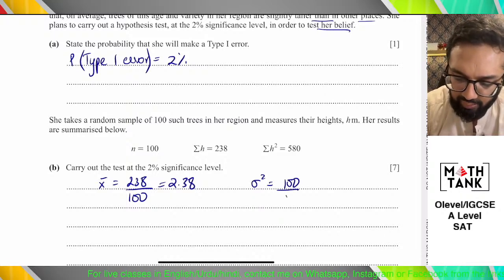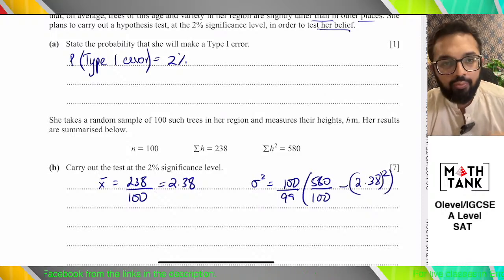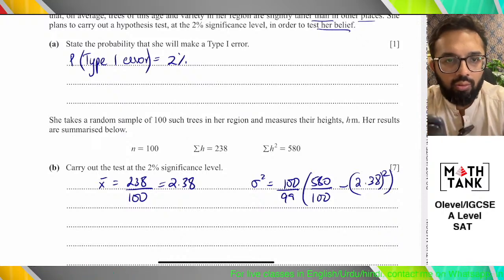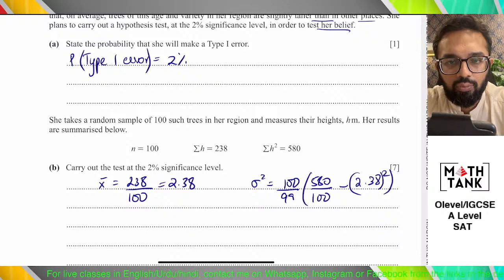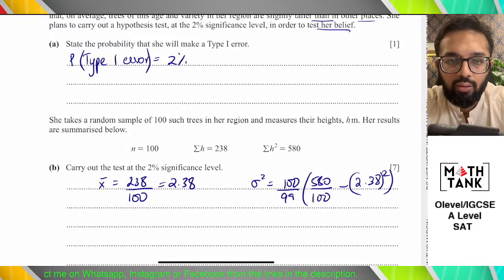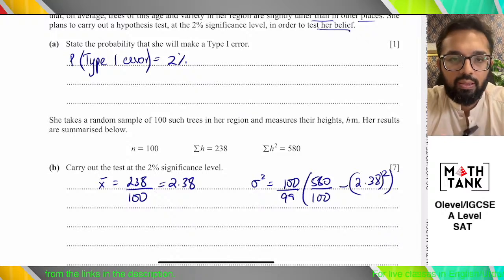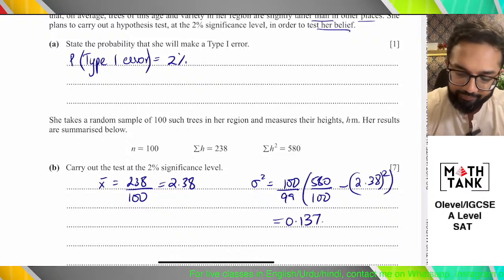I'm going to say 100 over 99 times 580 over 100 minus 2.38 squared, which is 0.1356, about 0.137.